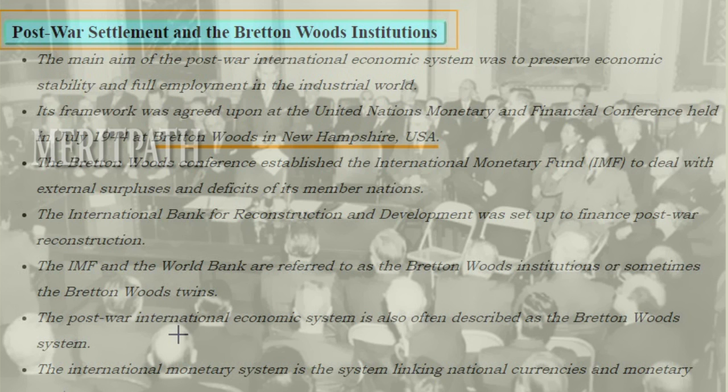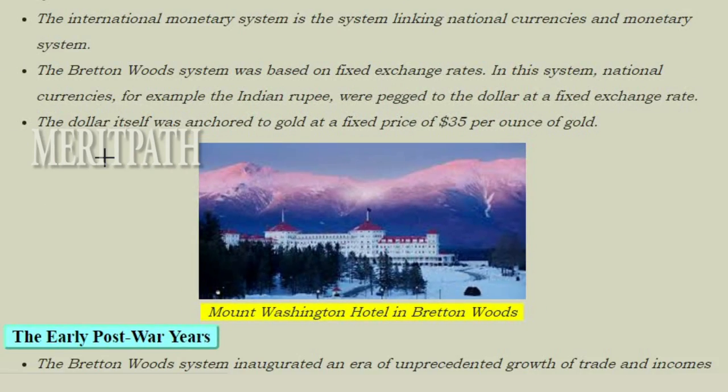The International Monetary Fund, or the IMF, and the World Bank are referred to as the Bretton Woods institutions or sometimes the Bretton Woods twins. The post-war international economic system is also often described as the Bretton Woods system. The international monetary system is the system linking national currencies and monetary systems.